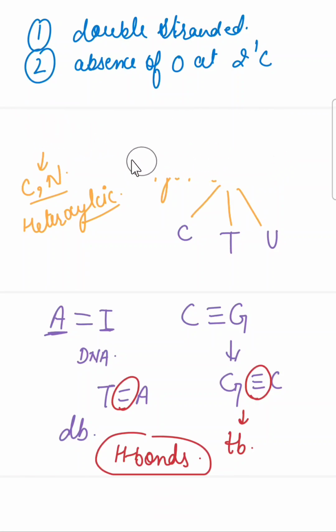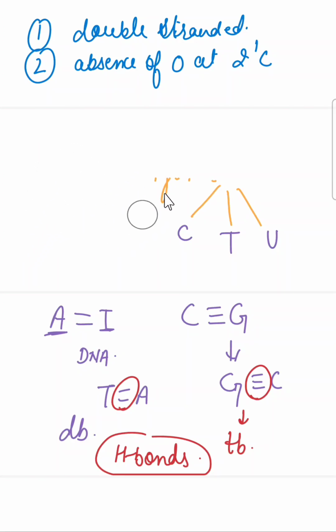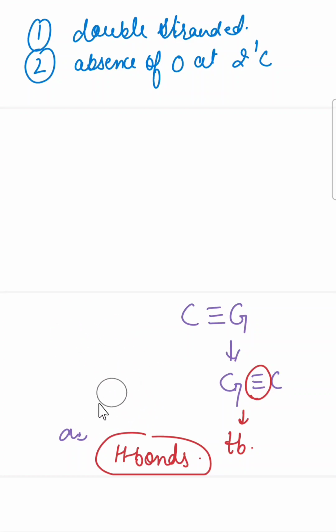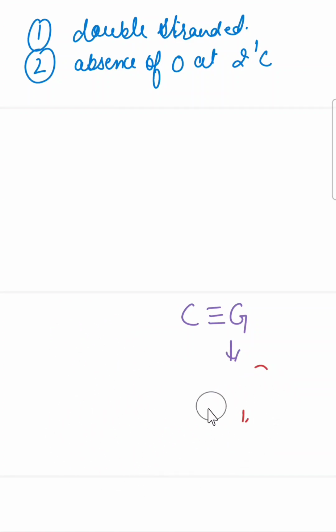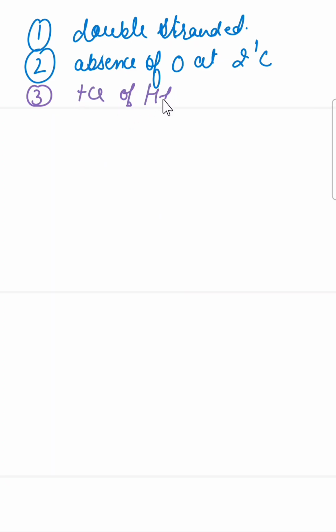Now phosphate obviously provides the negative charge to our DNA. So the third stability reason is the presence of hydrogen bonds that help in the formation of the double stranded structure.